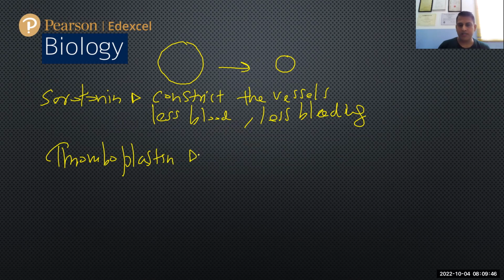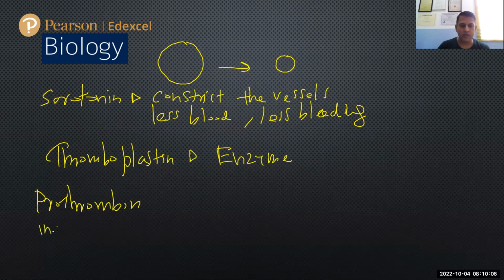Okay, what is thromboplastin? Thromboplastin is an enzyme. And which reaction does it catalyze? It catalyzes the reaction of prothrombin. This substrate prothrombin is in an inactive form in the blood. So thromboplastin is the enzyme.